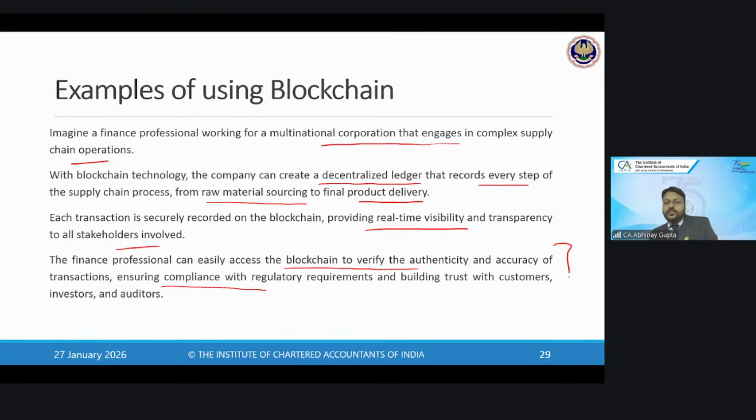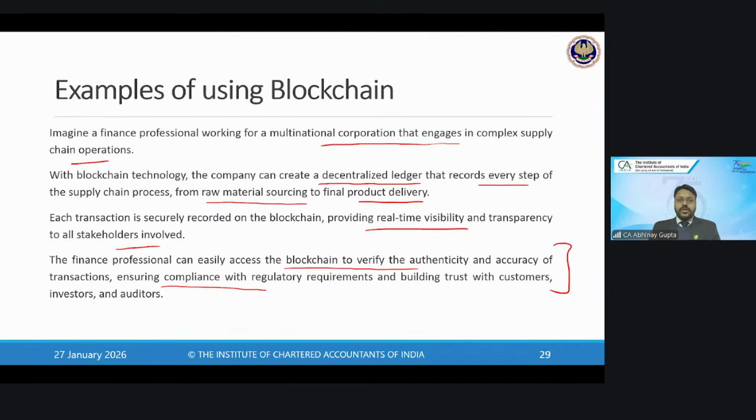Right. So blockchain will actually document the complete audit trail of whatever is happening. So it documents the purchases, it documents the manufacturing, it documents the PO, it documents the invoice, it documents the delivery, dispatch, it documents the collection, right?